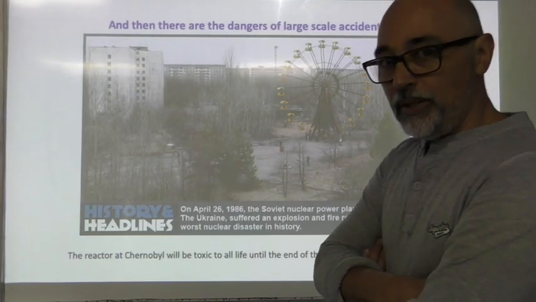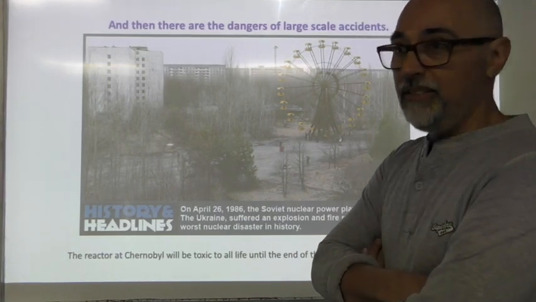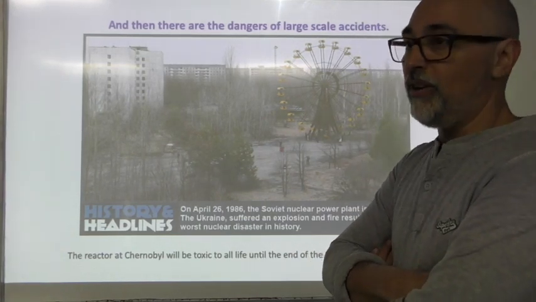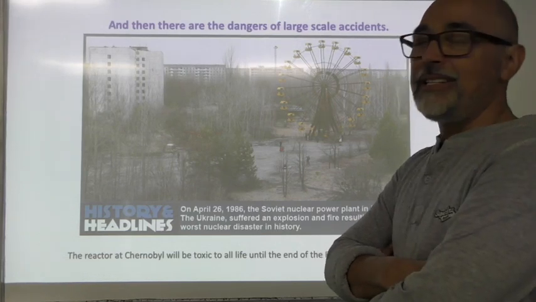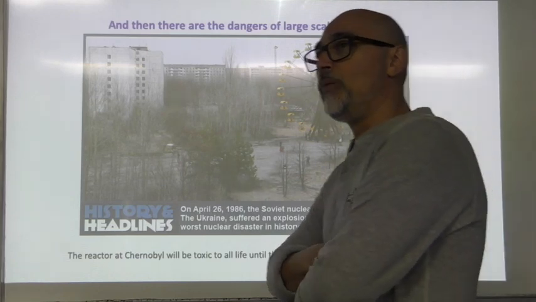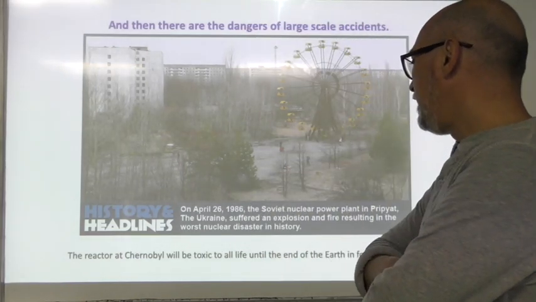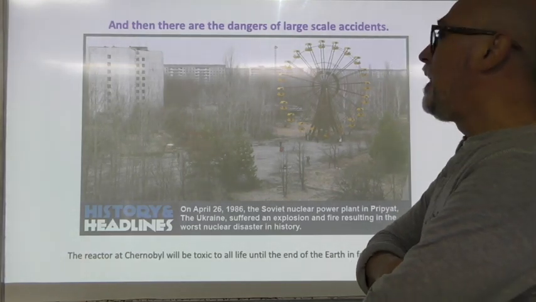All of the first responders that went to fight the fire, pretty much they all died over the next month, horribly, because they did not realize that that's what actually happened. They didn't realize that the fire they were fighting was actually from the core. This happened in 1986.